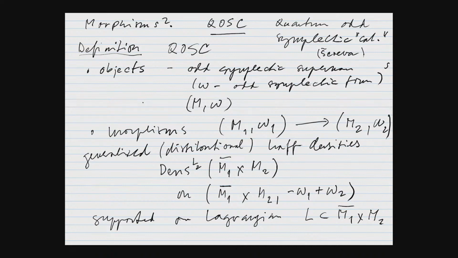If they would like to have the good category of symplectic manifolds, symplectomorphisms are not good enough. Maybe you can say, okay, since I can always invert my symplectic form, get Poisson structures, I may think of Poisson maps.